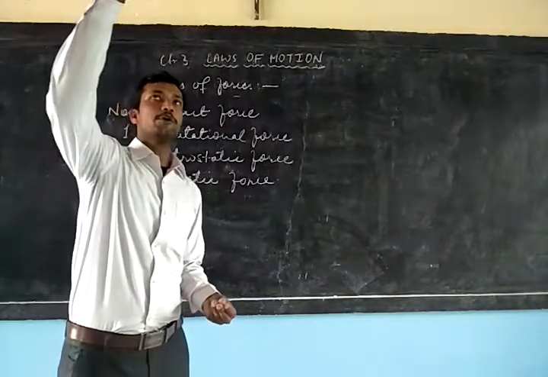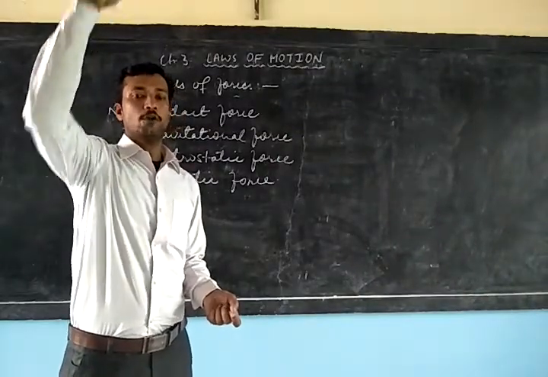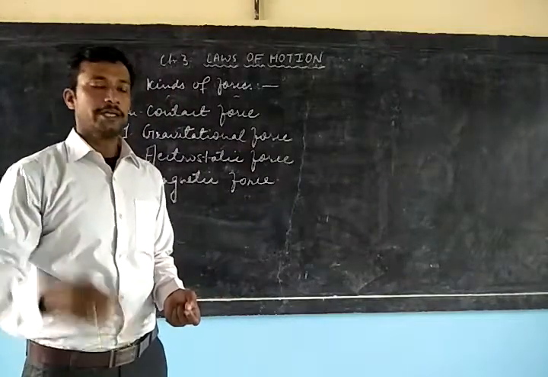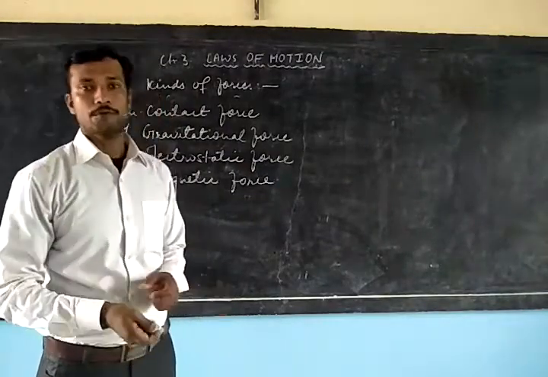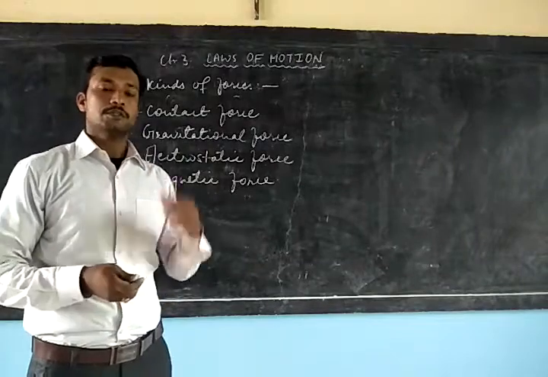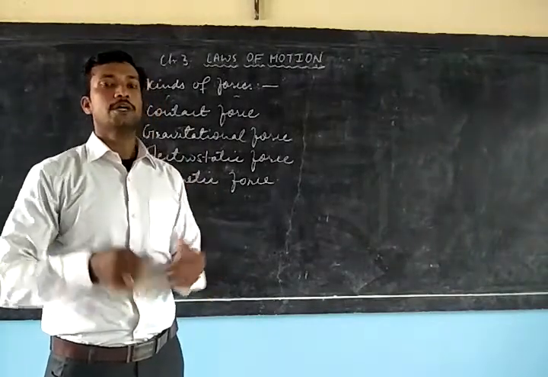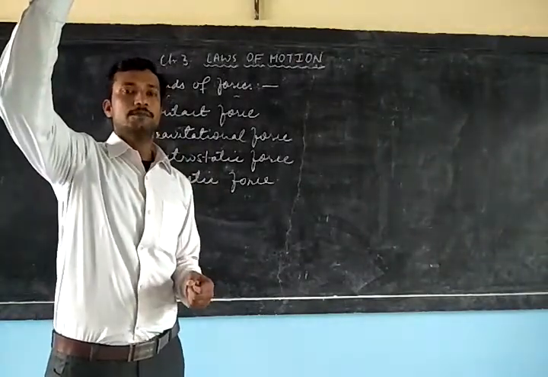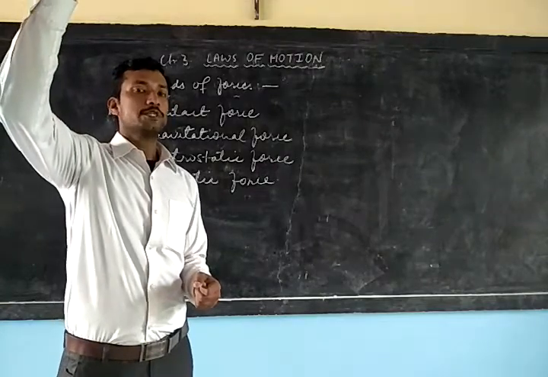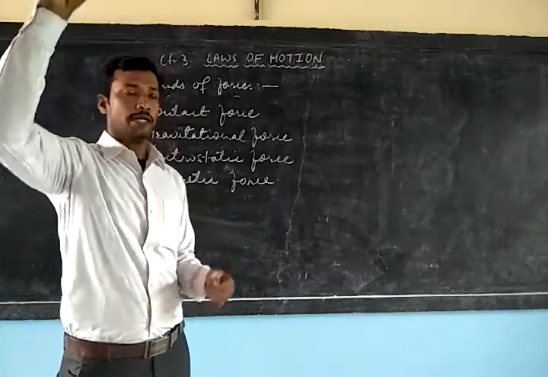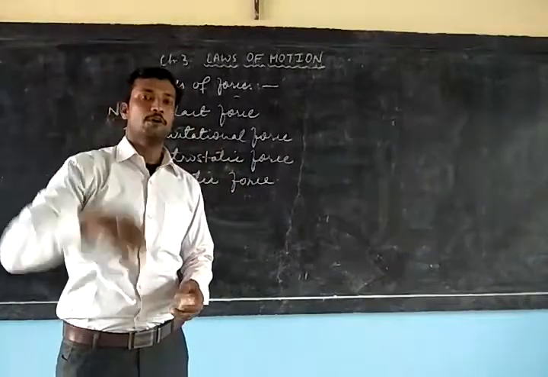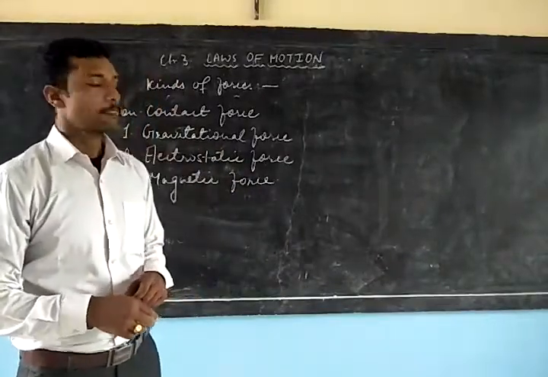Suppose I drop this chalk, it will always fall down, that is, it will always move towards the ground. Now the earth is not in physical contact with this chalk. So this kind of force is a non-contact force, and gravitational force is an example of non-contact force.